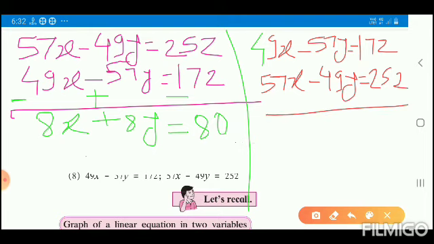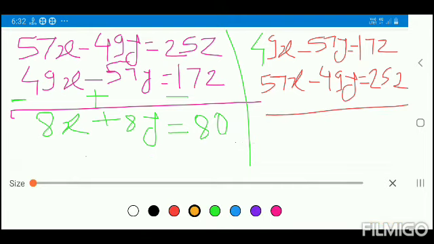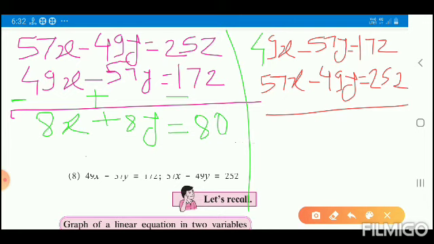After subtracting, what will you get here? That we will see. These signs will change. Here will become minus, this will become plus, and it will become minus. Now here what will you get? Negative 8x. Then this sign, it will also come negative 8y and is equal to negative 8.